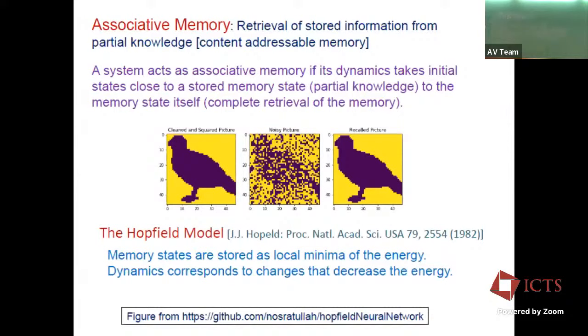So, if I have a network like that, then if I start with an initial state which is close to it, and the dynamics decreases energy.